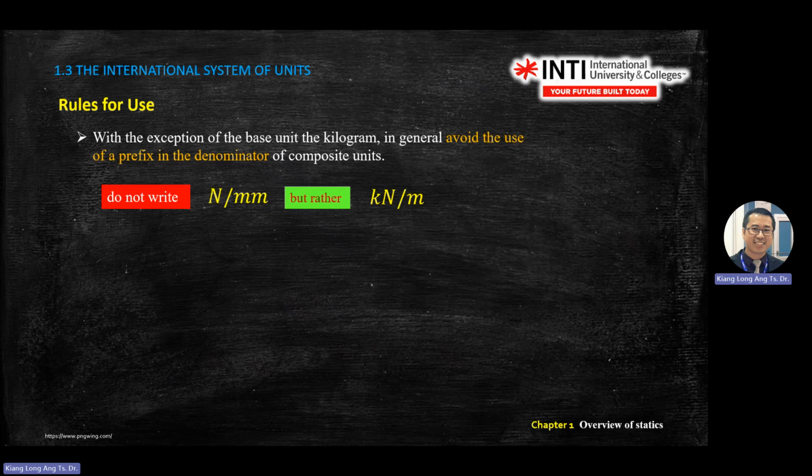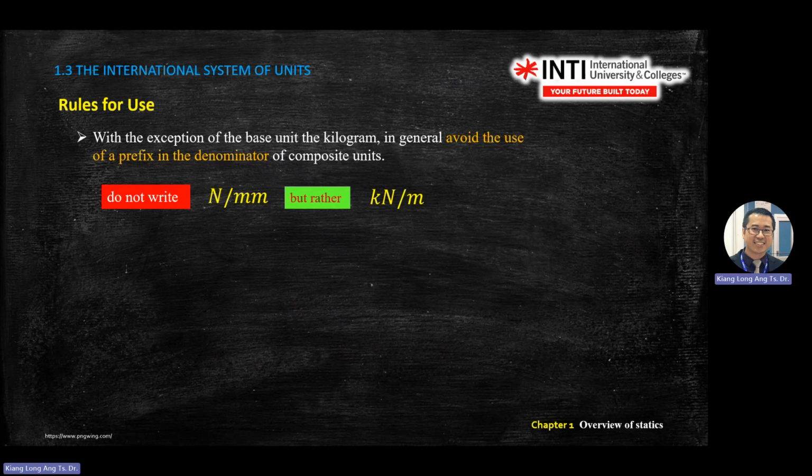Of course, some questions will force you to continue to use Newton over mm. It's just to make a good habit in answering questions, try to convert your unit into SI unit and carry the correct prefix. So this is just an early revision reminder lah.